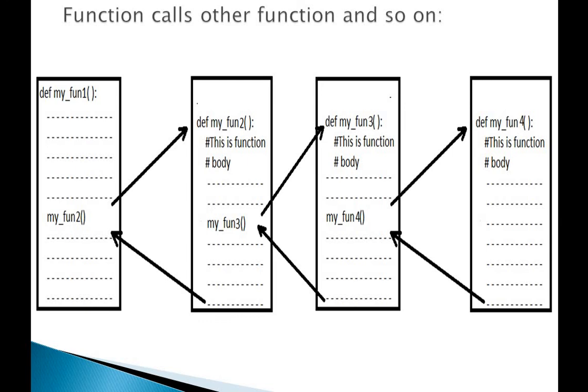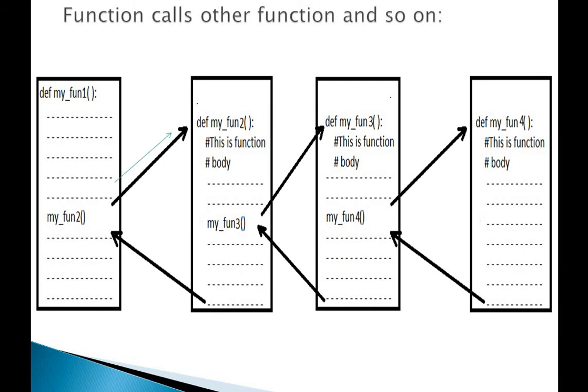It is well described using this diagram. This diagram has 4 blocks of code. The first block corresponds to the function myFun1 definition. The second block corresponds to myFun2. The third one myFun3. The fourth one myFun4. In the body of myFun1, there is a call to myFun2.